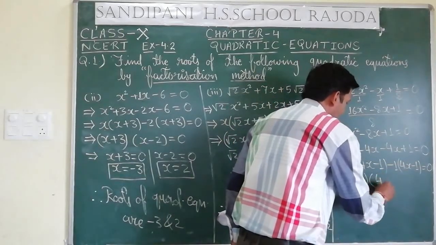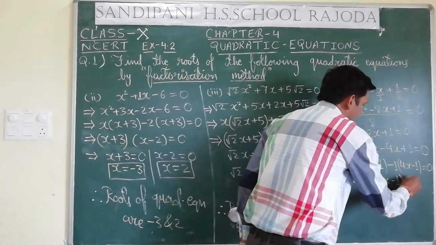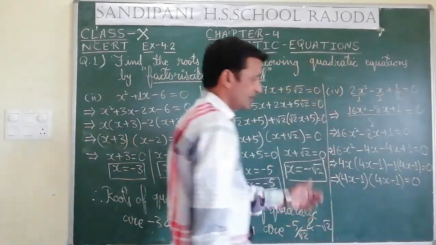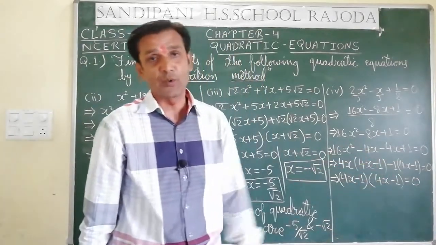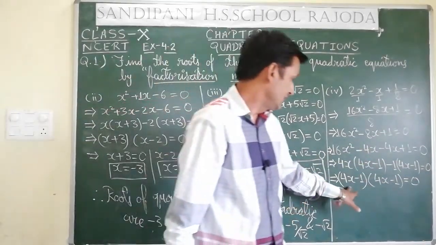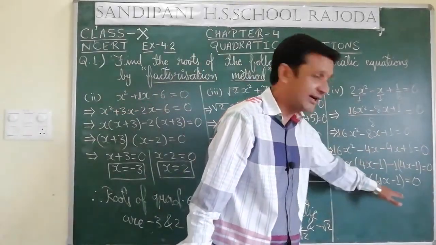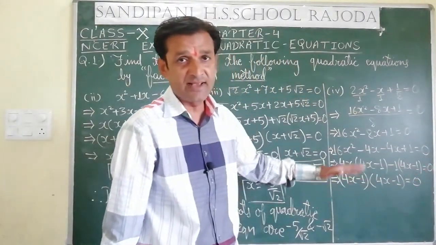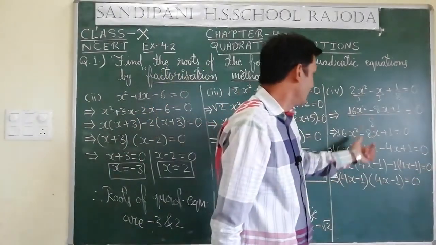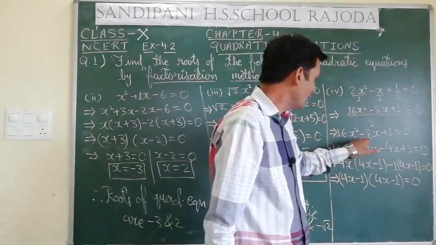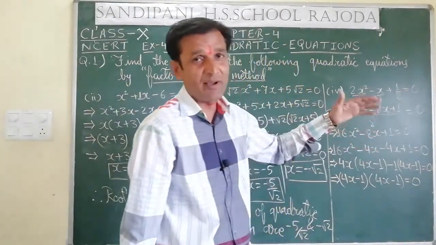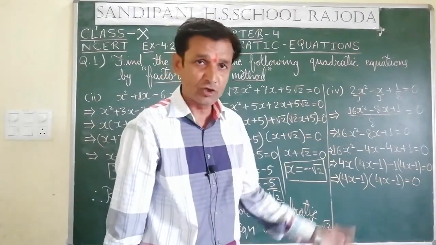Again it is 4x minus 1 is equal to 0. See, here we can say that both the roots are equal roots, because both bracket quantities are same, means it is a complete square, we can say. By that also you can do that formula a square minus 2ab plus b square can also be applicable here.